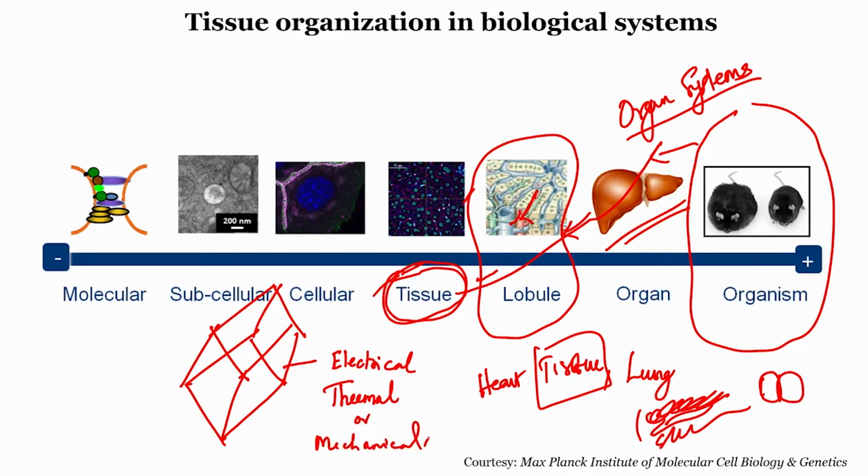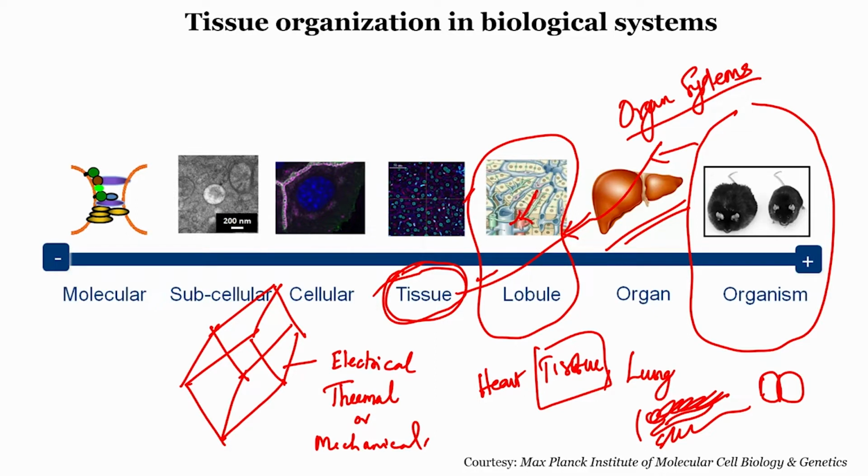For us to understand how the tissues will respond to an electric stimulus, or how they will respond to an applied heat, or how they will respond to an applied mechanical stress, we need to understand actually how the tissue organization is. That is why we covered that in detail last time.